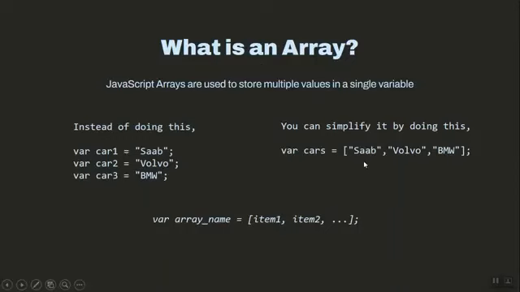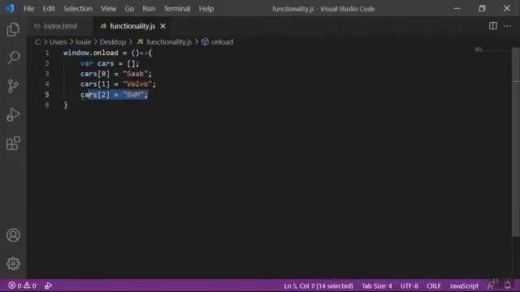So Saab is index 0, Volvo is index 1, BMW is index 2, and so on. Say, for example, if we want to create another type of car, this would be assigned to 3, and then a sample car. Not sure what kind of car that is, so let's say it's sample car.